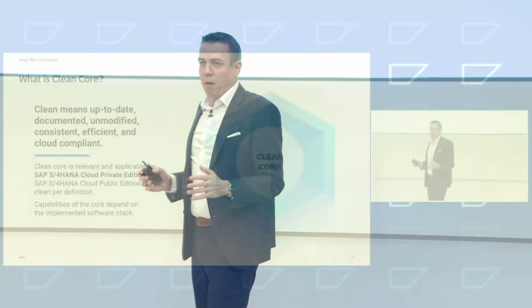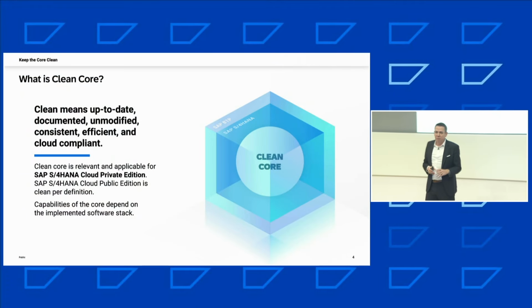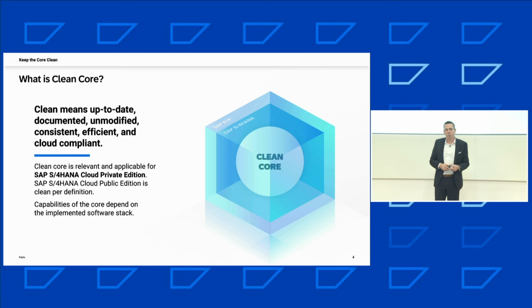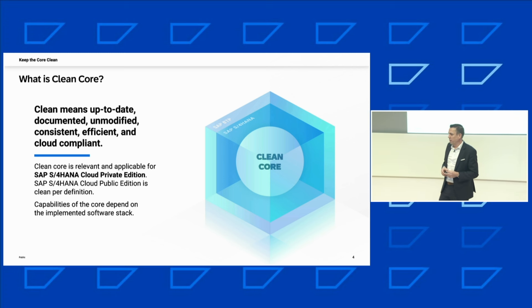So when we speak about Clean Core, let me define what I mean with Clean Core. It means an up-to-date, documented, unmodified, consistent, efficient, and cloud-compliant core. Important to note that the concept Clean Core is applicable in the private cloud. Why?